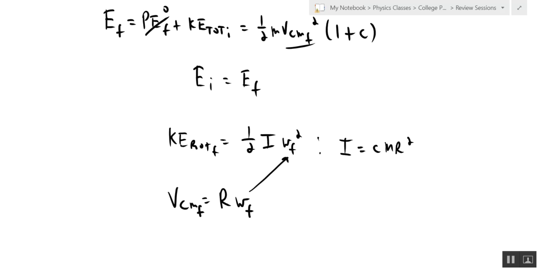Once you find that, you bring it down to your bottom formula, which says VCMF equals R times omega F. You with me so far? Good. That's how you find your omega. Now, the question is how do you find I for your kinetic energy? That's when you use the equation on the right, which is I equals C mr squared. Your radius is given, your mass is given, your C is given. So once we find VCMF divided by R, that's where we get omega F. And then we just find the I value of it. Exactly. Good, we're good?